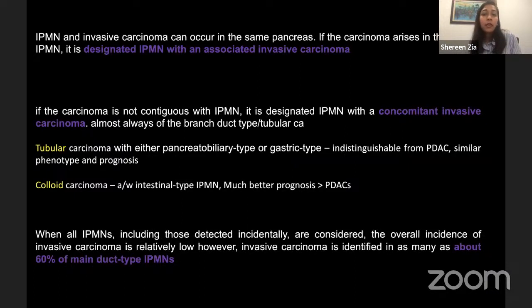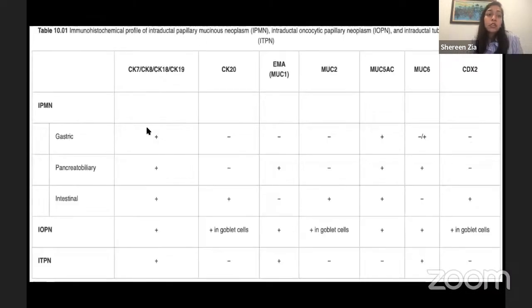We have to figure out the invasive cancer associated with IPMN, whether it's concomitant or arising from the IPMN: the tubular carcinomas and the colloid carcinomas. Invasive cancer is identified in as many as about 60% of main duct IPMNs. To differentiate gastric, pancreatobiliary, and intestinal IPMN, there is another stain called MUC. You can use MUC1, MUC2, MUC5AC, and MUC6 staining.